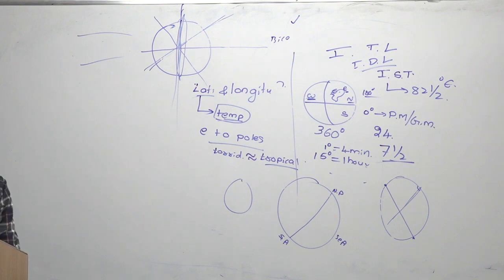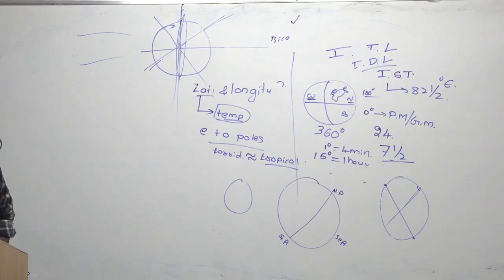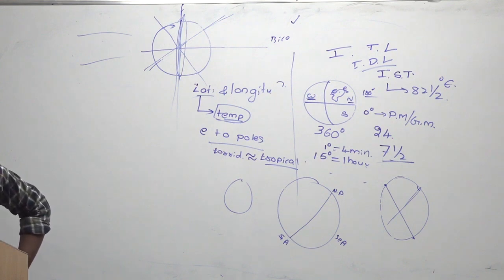With regard to longitude, any longitude which passes through the center can be a great circle.